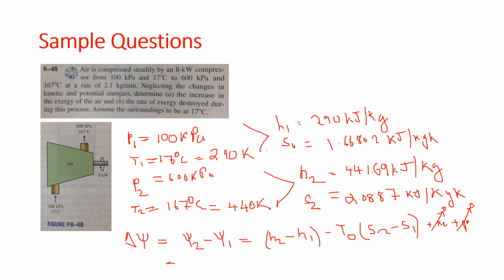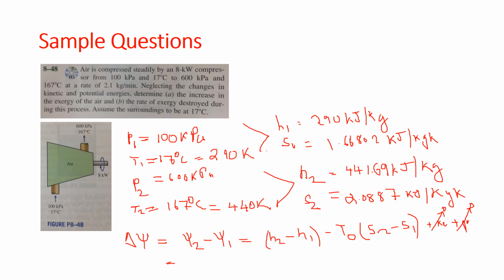So if I write it like this, H2 minus H1 is already known, and the surrounding temperature is also known. T0 is the surrounding temperature, which is 70 degrees Celsius, which I will convert into Kelvin. But S2 and S1 are not known to us.